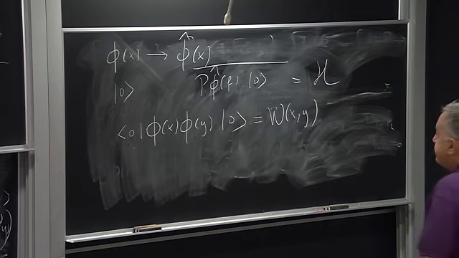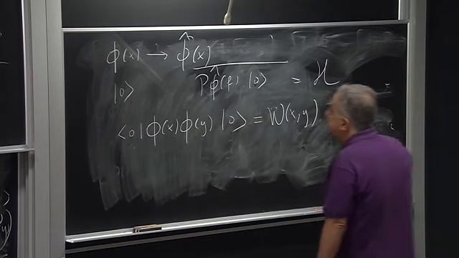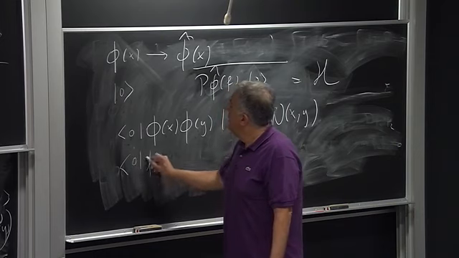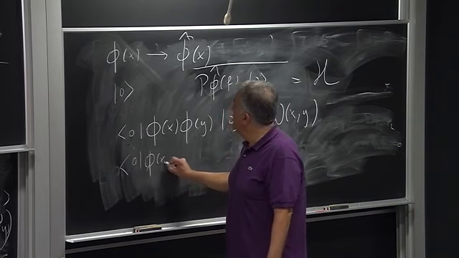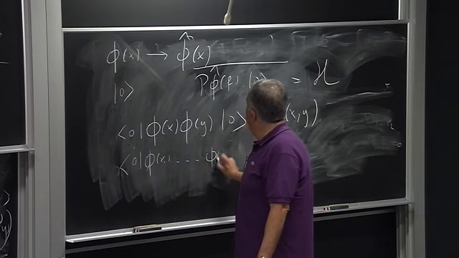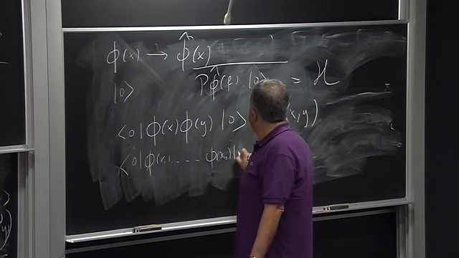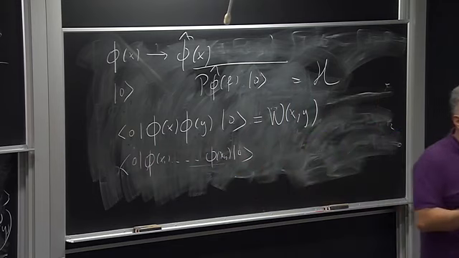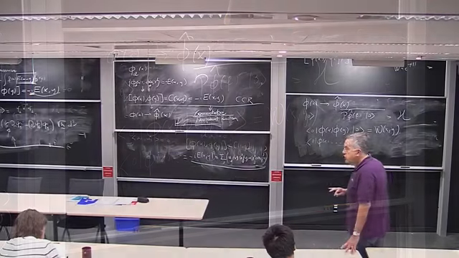Because if you are studying a linear theory, n-point functions can be written as products of two-point functions. The truncated n-point functions vanish.